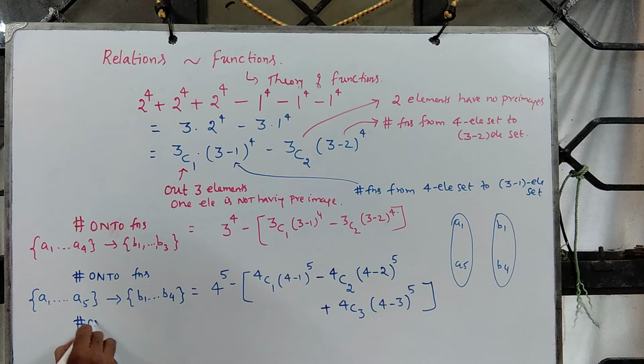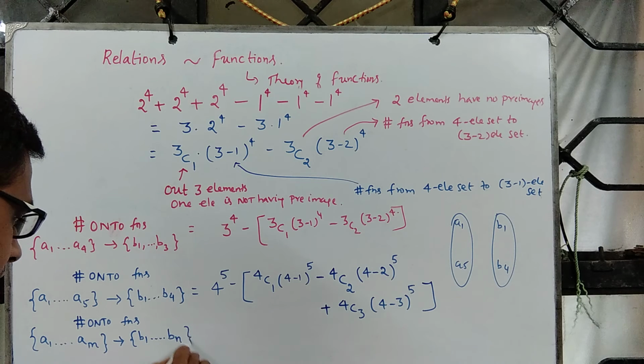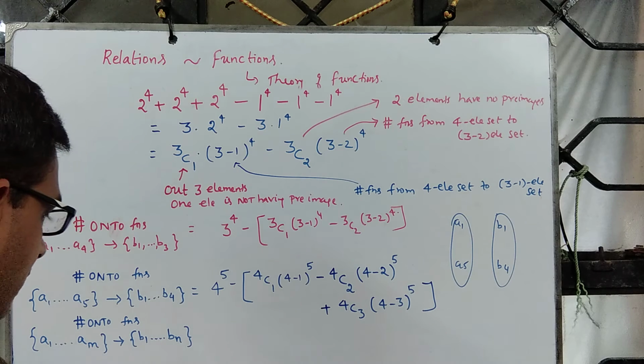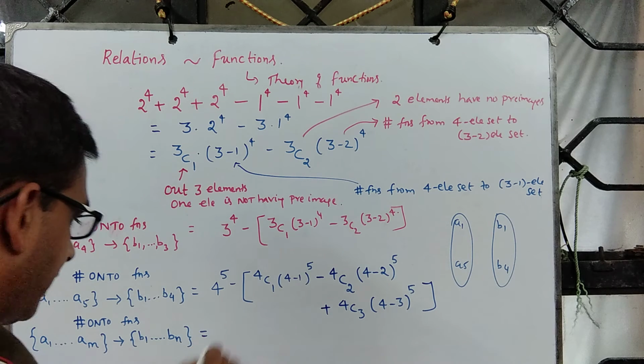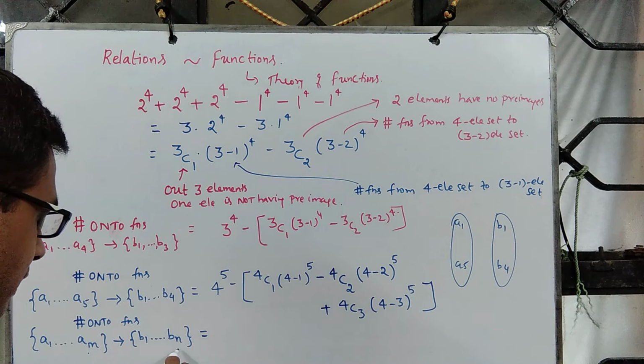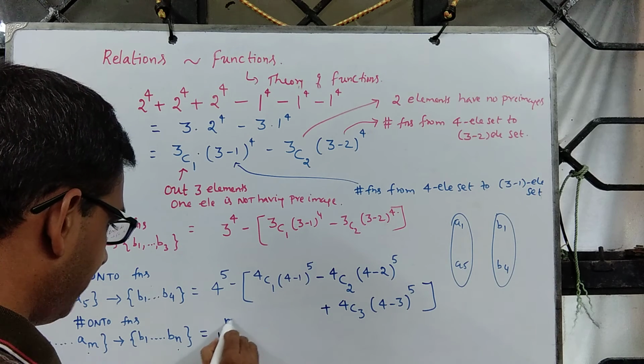Number of onto functions from a1 to am to b1 to bn. The number of functions from an m element set to an n element set is n power m.